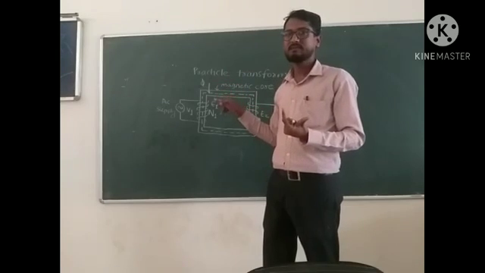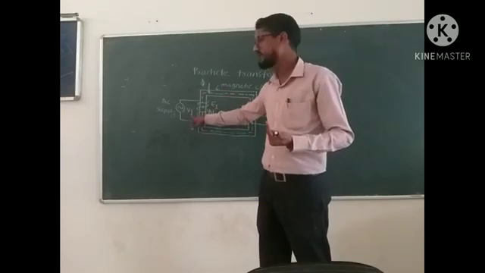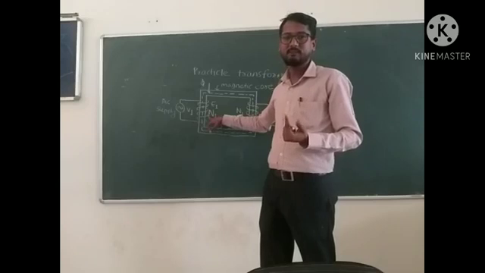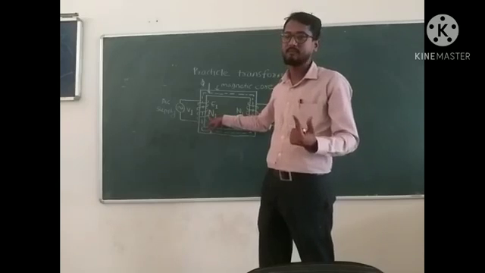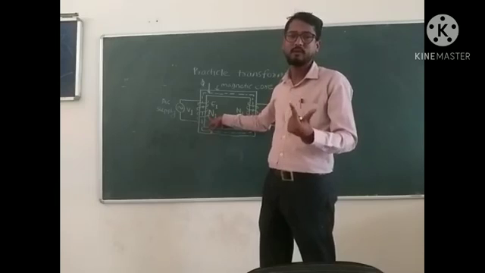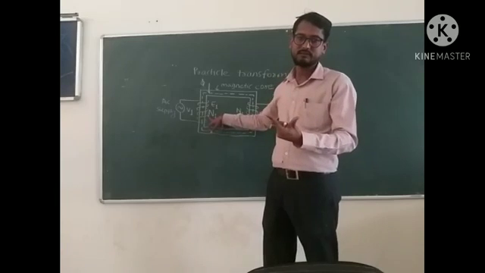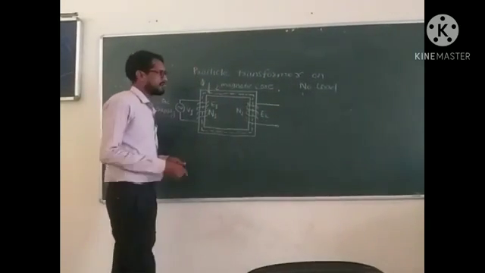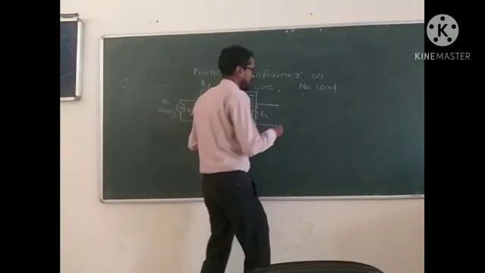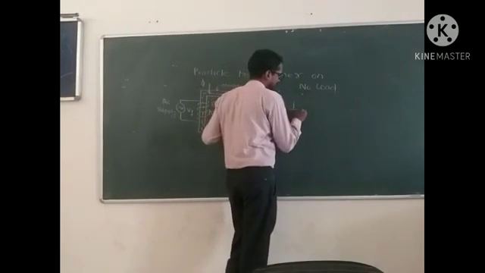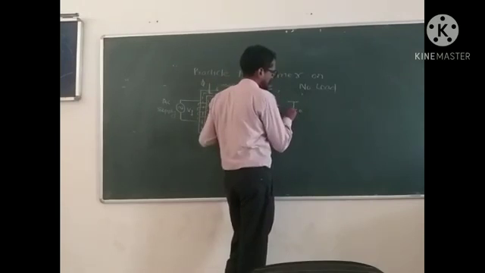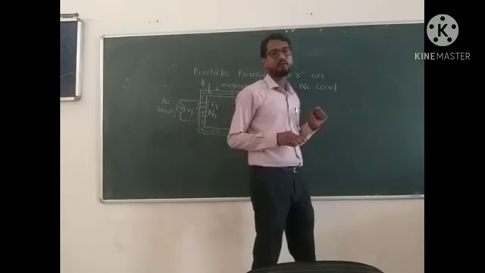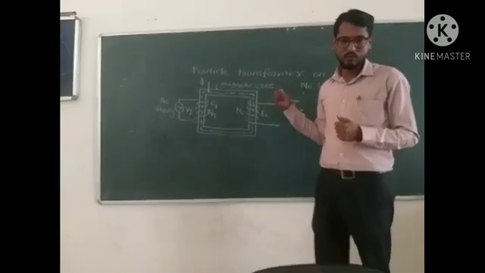Means the primary voltage V1 generates the primary current, and this current supplies a small amount of copper and iron losses. Here the load is not connected, so the no load current is denoted by I0.